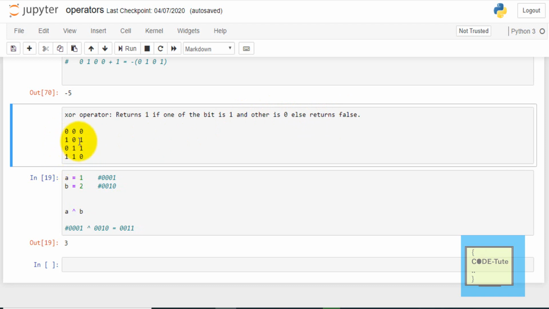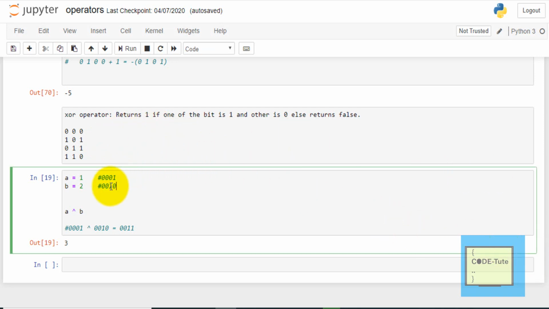So 1 0 gives 1, 0 1 gives 1, otherwise it is 0: 0 0 gives 0, 1 1 gives 0. So it is the opposite of OR operator in the case of both being 1. This is the symbol of XOR operator. A is 1, B is 2, A XOR B, the output is 3.